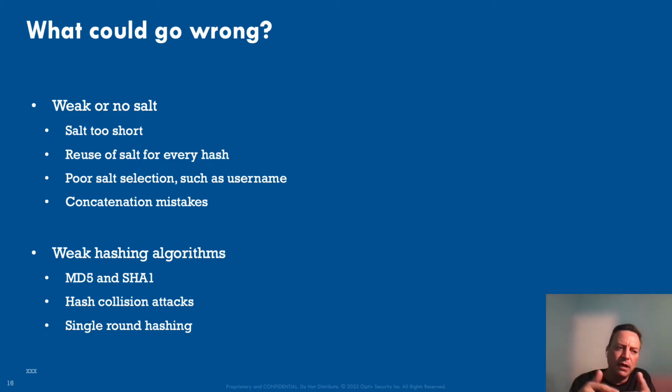Another issue is single round hashing. And what do I mean by that? So let's say you do salt, and you concatenate correctly, and then you pass that plain text through the hashing algorithm just once, so single round. That's still not enough because computers have gotten fast, right? So they can break that even though they don't have a rainbow table for it.